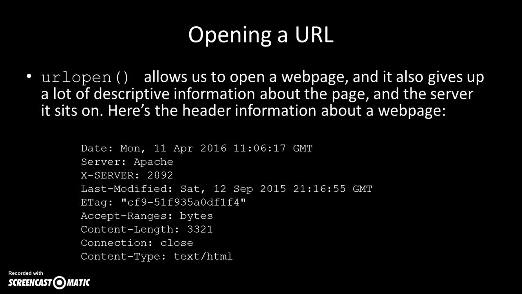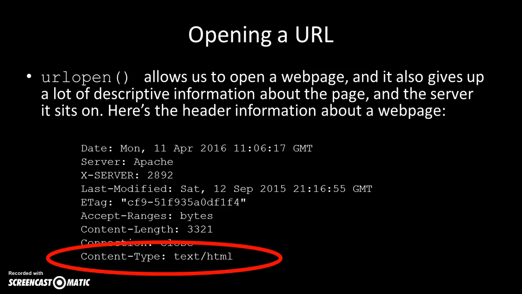The ETag we won't worry about. The accept ranges, it accepts data in bytes. The length of this page is 3321 bytes. It has connection information, and then it says the type of file this is. And the type of file is a text file in HTML.